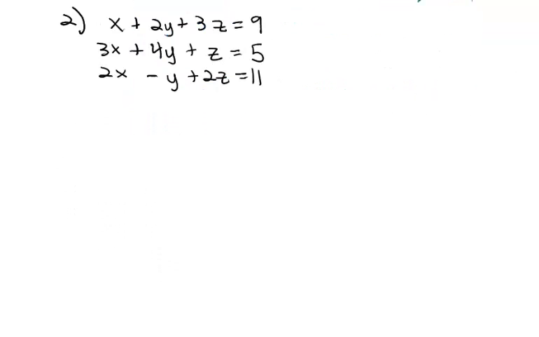And instead of solving this by finding A inverse B, we're going to do our row operations to get it into reduced row echelon form. If you remember, we did that by making an augmented matrix with the coefficients and the solutions. 1, 2, 3, and the solution was 9. 3, 4, 1, and the solution was 5. 2, negative 1, 2, and the solution was 11.